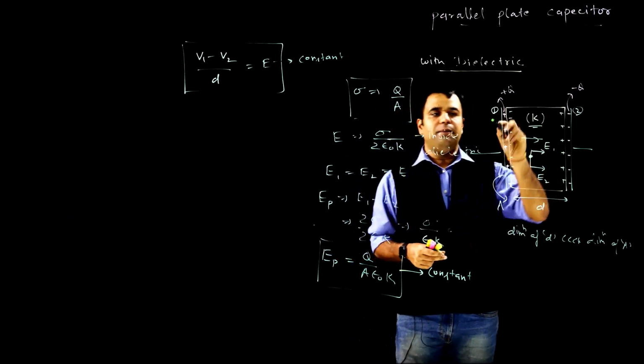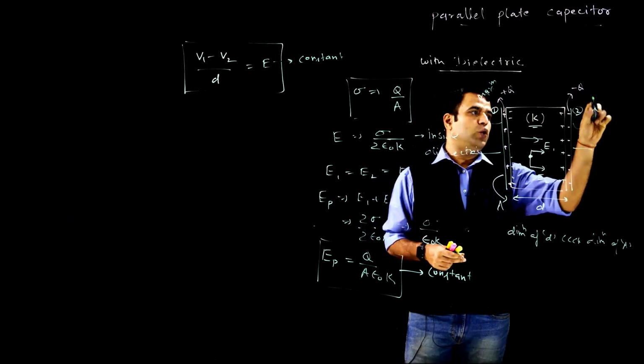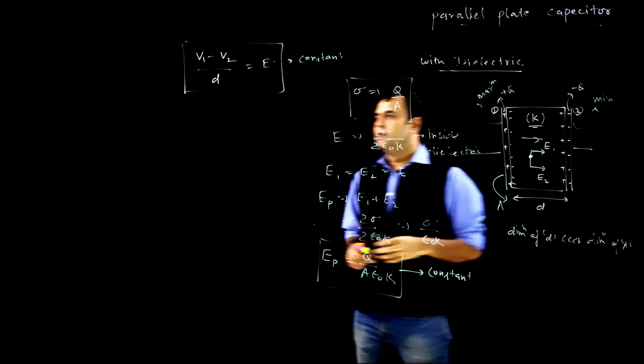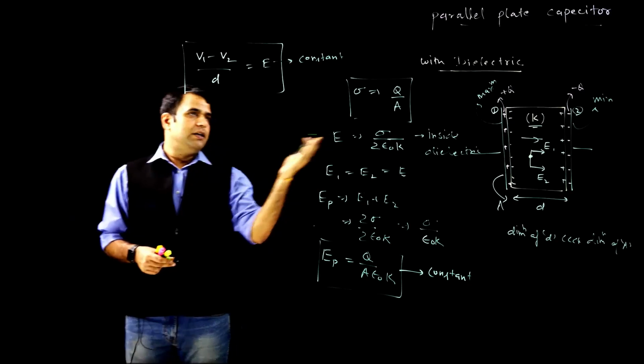So the potential at plate 1 will be maximum and the potential at plate 2 will be minimum. So V1 will be max and V2 will be minimum. So let's calculate.